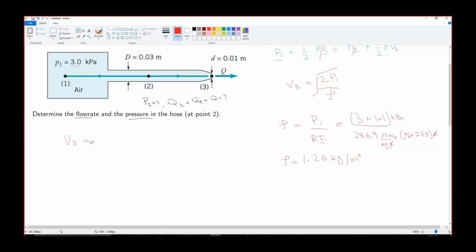Pressure should be in pascals, so 3 multiplied by 1000 divided by 1.26, and you take the square root. You have to take care of the units. The square root of 2 multiplied by 3 multiplied by 1000 divided by 1.26 comes up to be 69 meter per second.